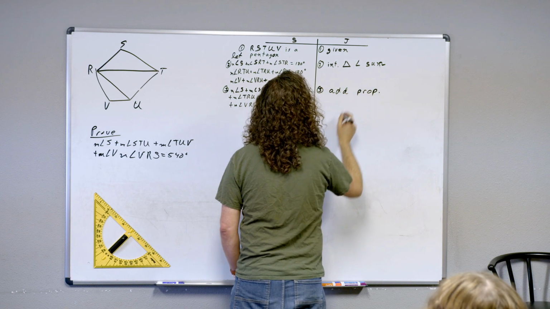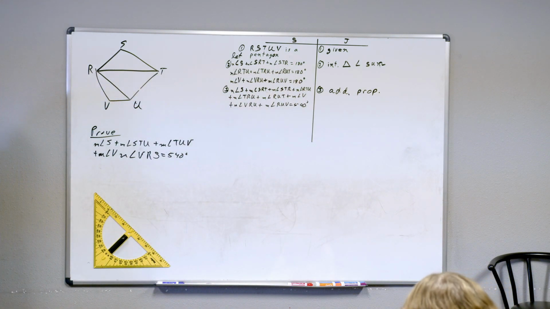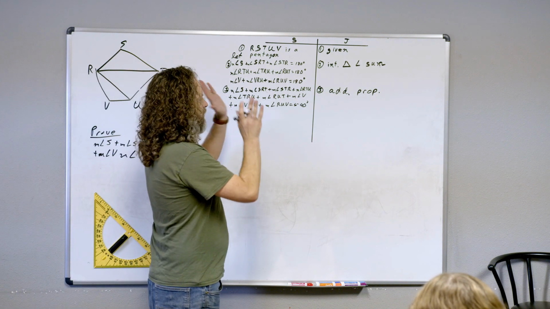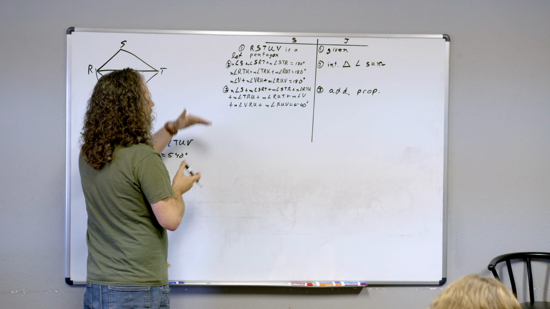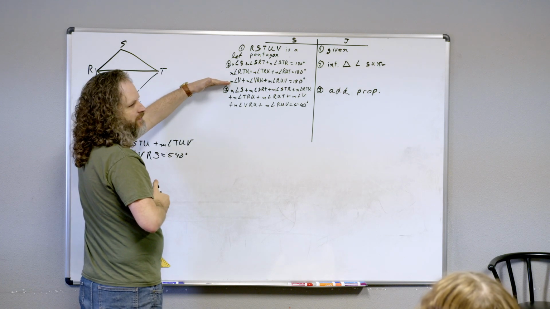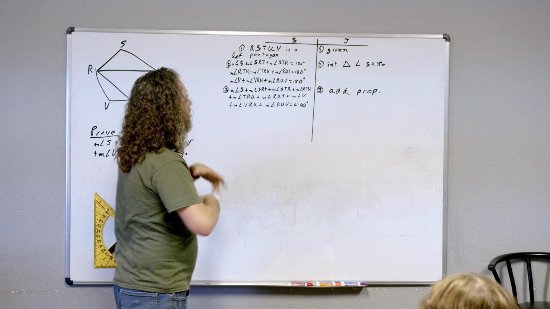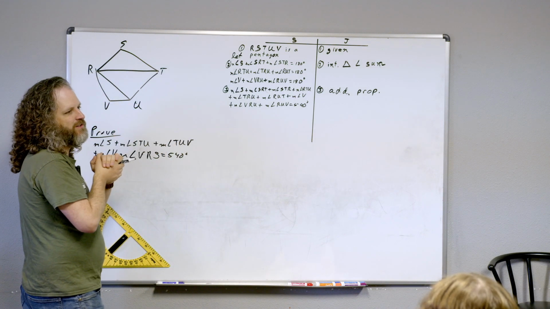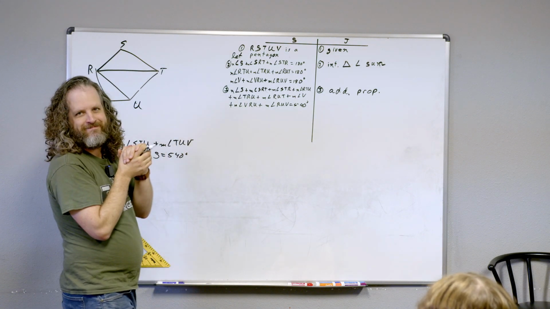Yeah. Because this equals 180, somebody could make a case for needing a substitution step in here, but since these are all equal to 180, then we just add them up and they equal 540. So you're kind of doing substitution and then addition, right?